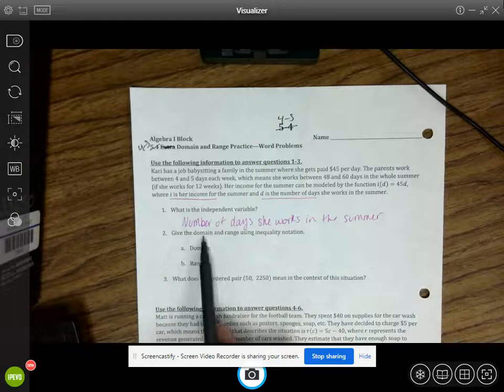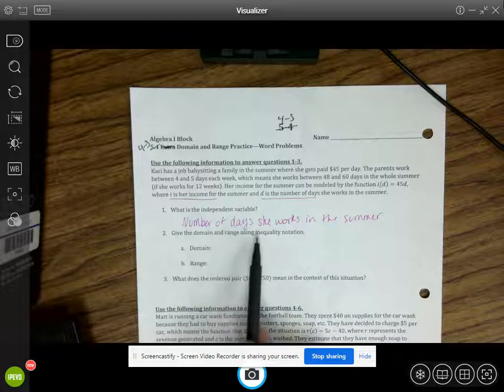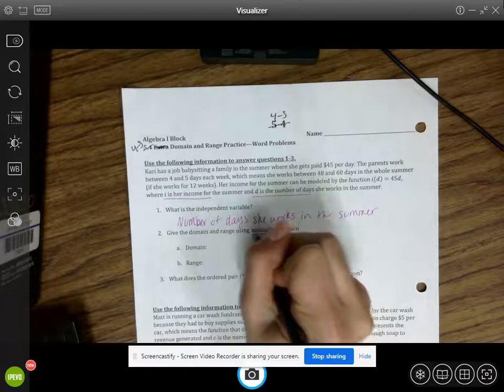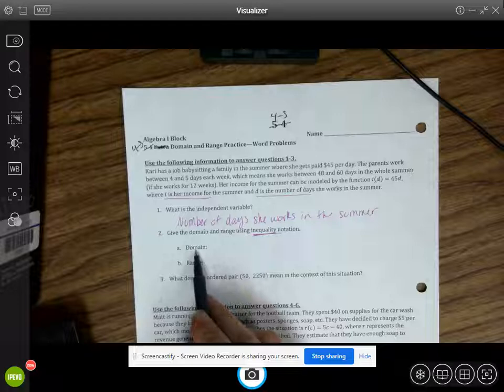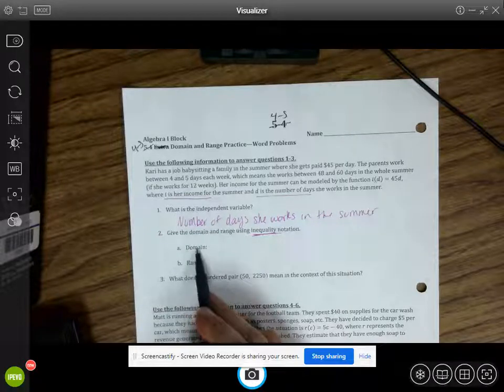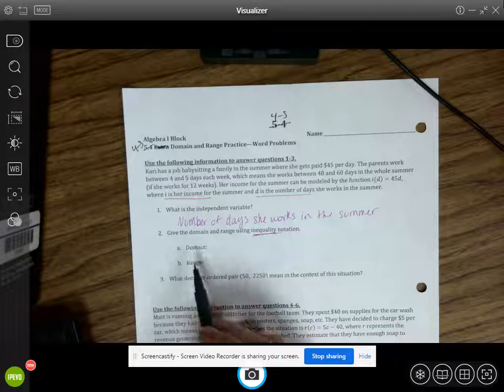Now it asks for you to give the domain and the range using inequality notation. Okay, so recall that domain is x, but in our problem we don't have x. What variable is in place of x?